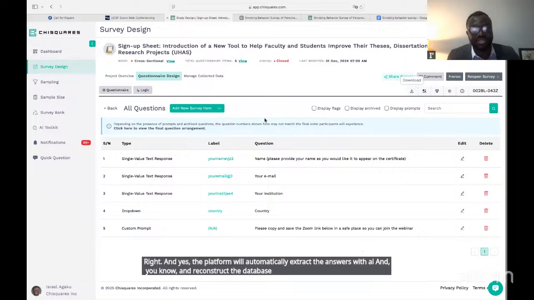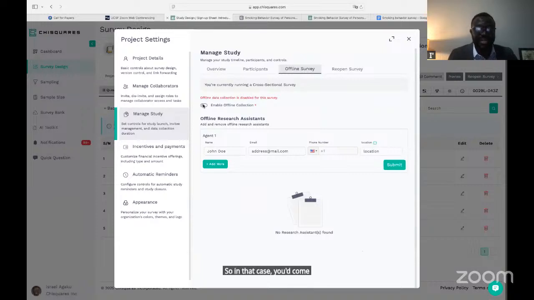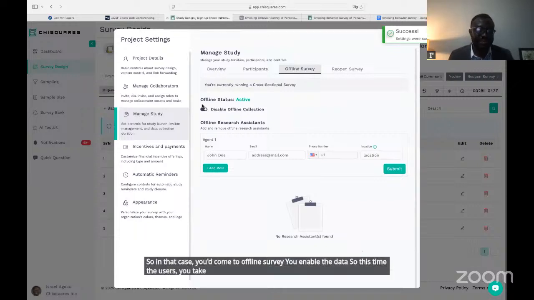But if you don't want to do it that way, the second option is to administer the survey offline, but with electronic data capture. You come to offline survey and enable the data collection. Then you take your device, like a phone or tablet, and if it has no internet, that's fine.